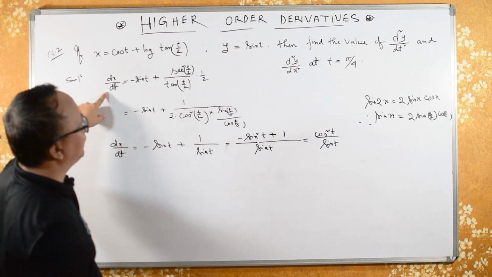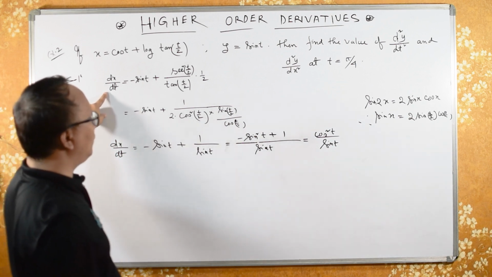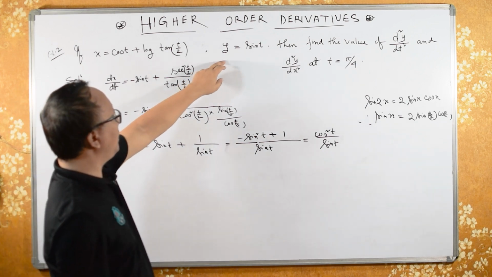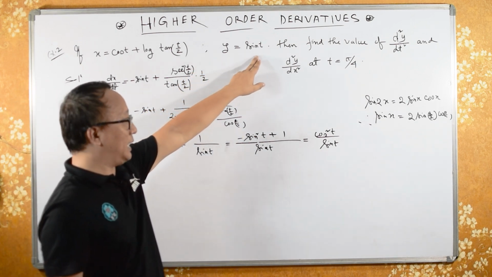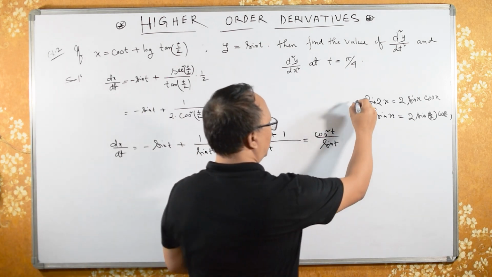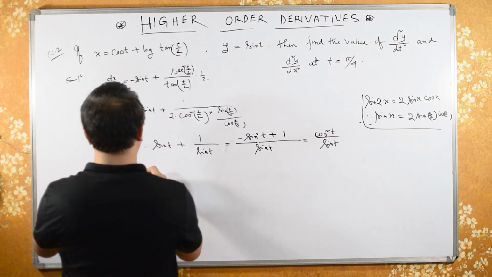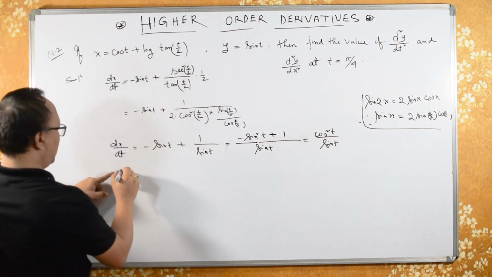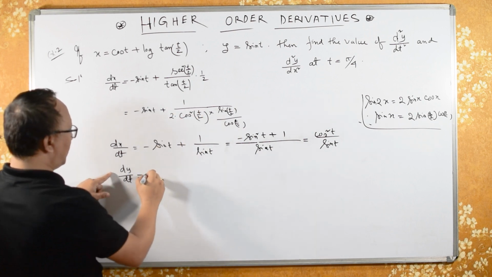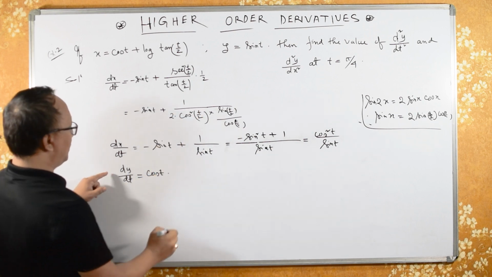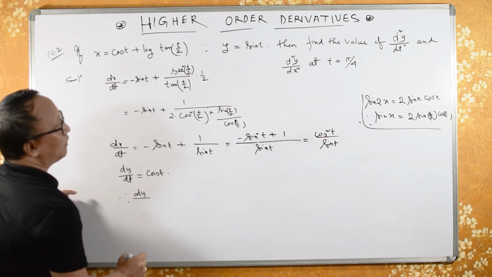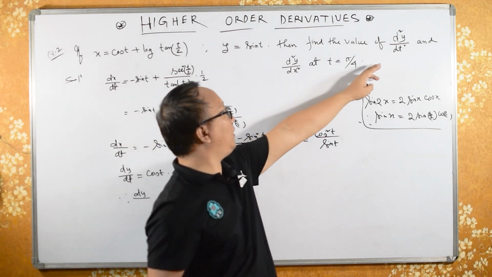Now, from here, since y equals sin t, you can find dy by dt. The differentiation of sin is cos of t. Therefore, let's first find dy by dx.